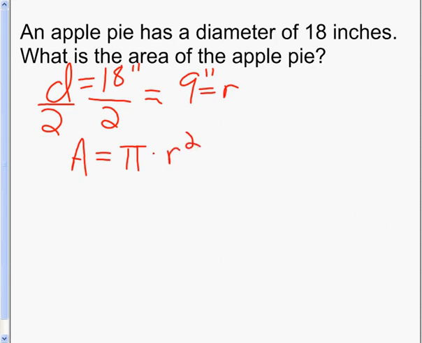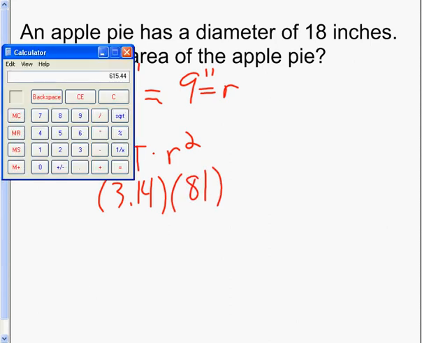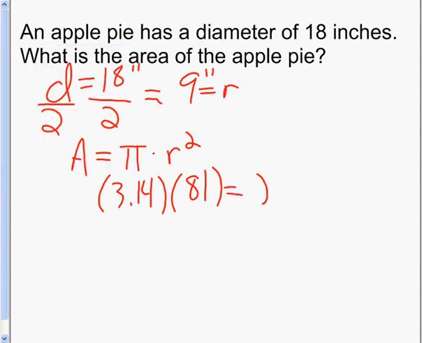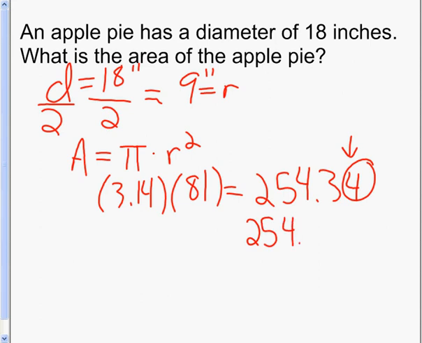So let's fill in what we know. 3.14. 9 times 9 is 81. So 3.14 times 81 is 254.34. Rounding it to the nearest tenth, we're going to stay down at 254.3 inches squared.